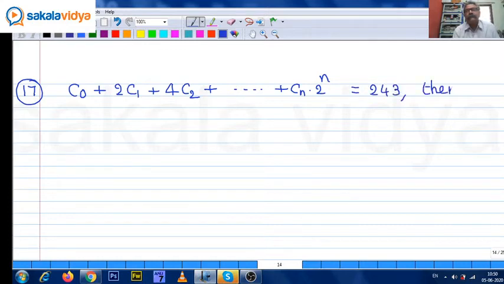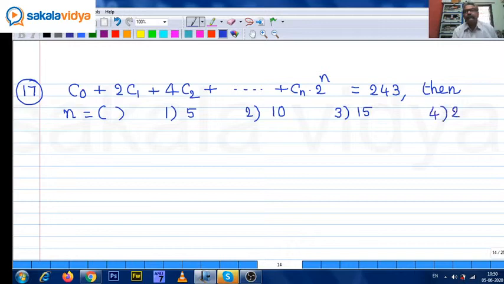Then n equals to? First option 5, second option 10, third option 15, fourth option 20. This is the question.